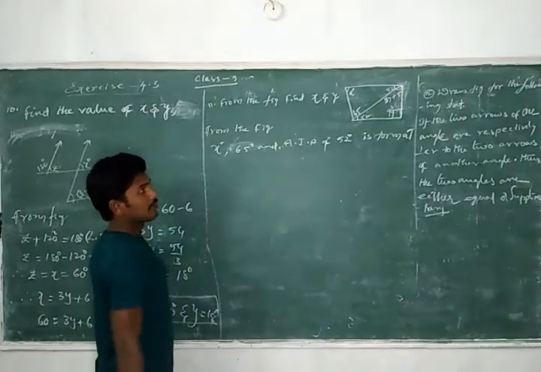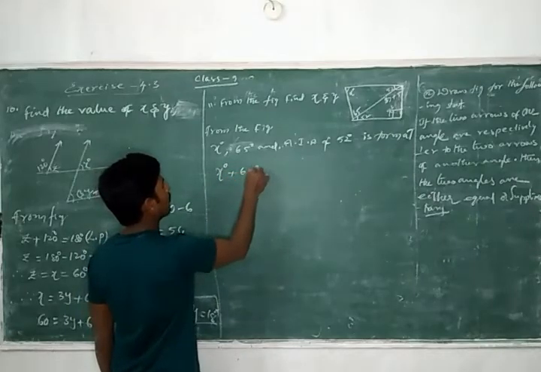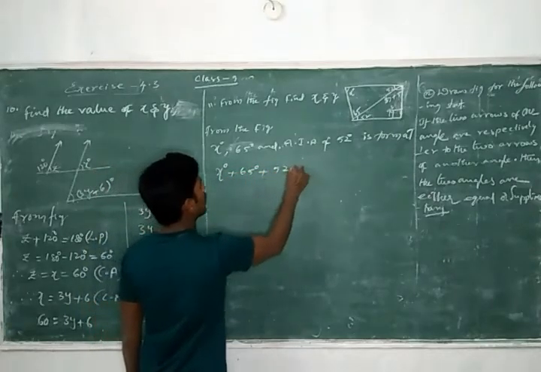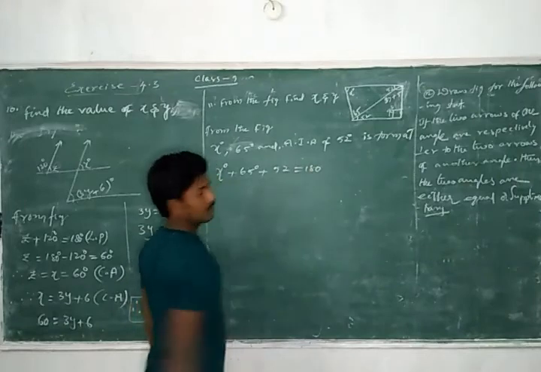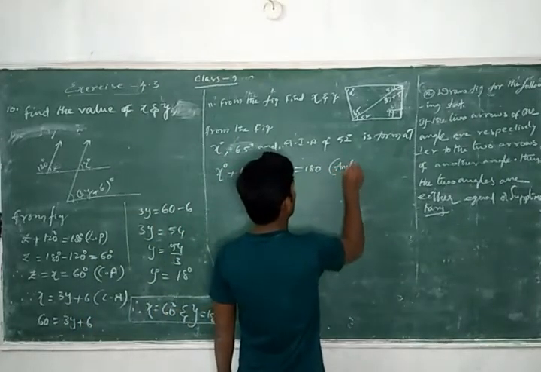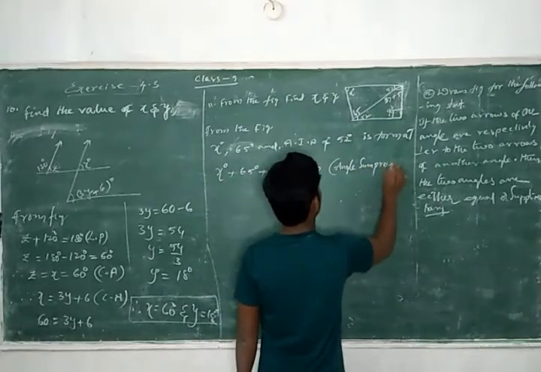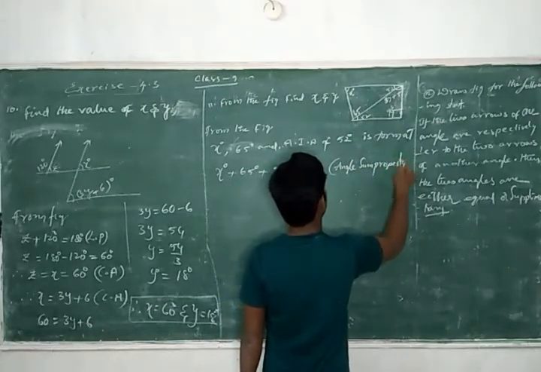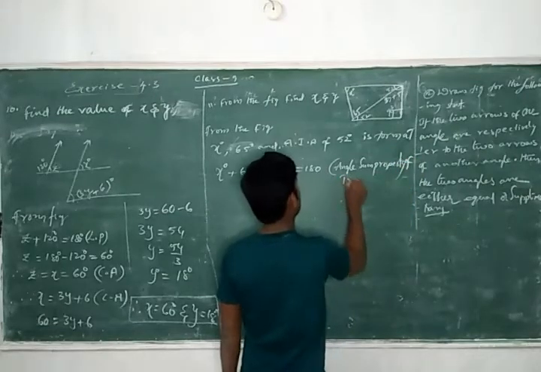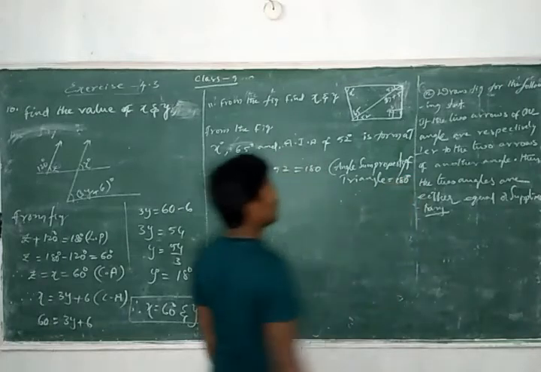So I need the sum of x plus 65 plus 52 is equal to 180 because of the angle sum property of a triangle. The angle sum property of a triangle must be equal to 180 degrees.